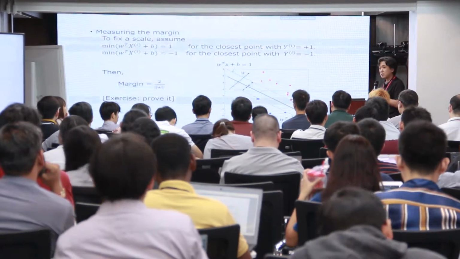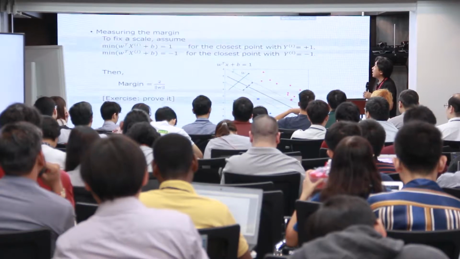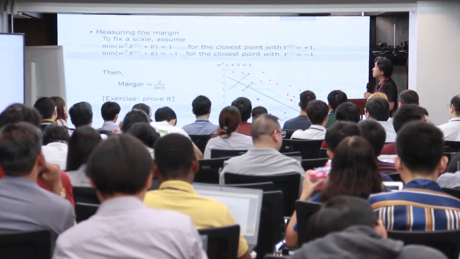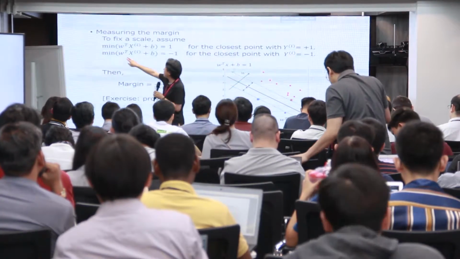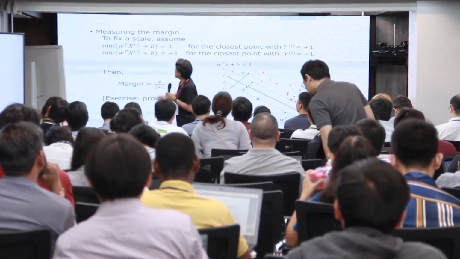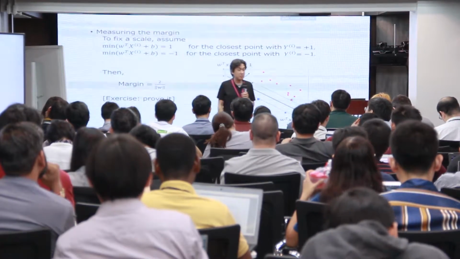Is it min or max? Yes, sorry, this should be max. All of these values should be negative, so this should be max. Thank you.